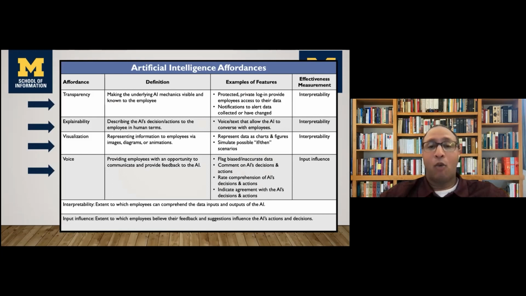The AI recommends hiring these people, but wait a minute, I think it's wrong, and so I'm going to make some changes. Another thing is designing AI systems that are interpretable, so people can understand what's going on, and giving users the ability to actually intervene.